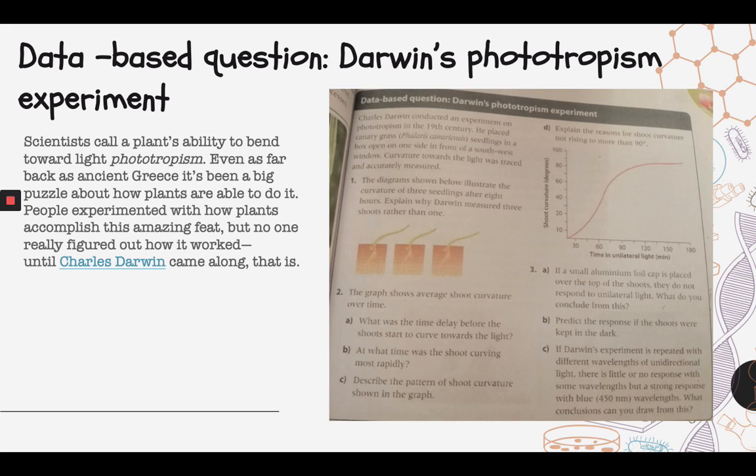So Charles Darwin made an experiment related to phototropism, and he took 3 seedlings and measured them after 8 hours. We have the line graph here that you're going to look into and investigate. Then we have the questions that you're going to answer, all of them.